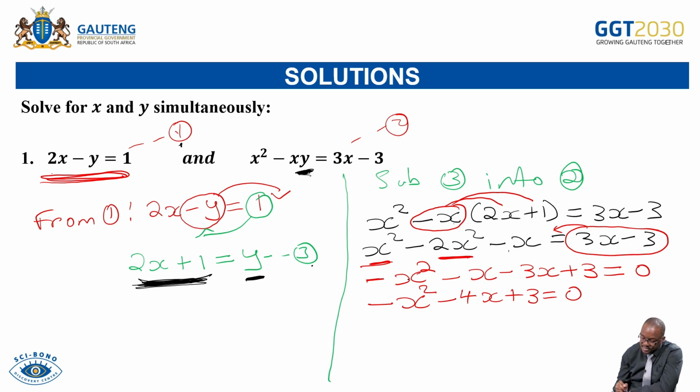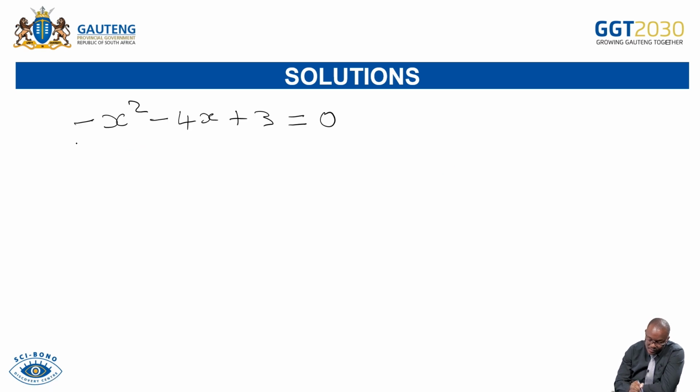So we added the like terms, we transposed positive 3 to the other side, it becomes negative 3, and negative 3 becomes positive. Then we have done it like that. Then what happens here is that we now can use what we call quadratic formula. Remember, you can either factorize or use quadratic formula.